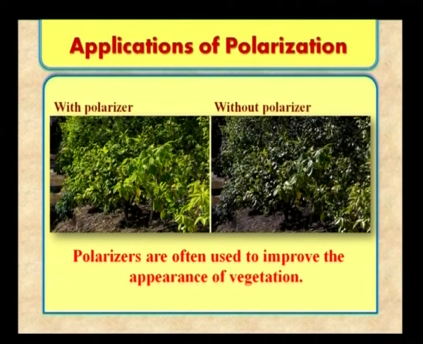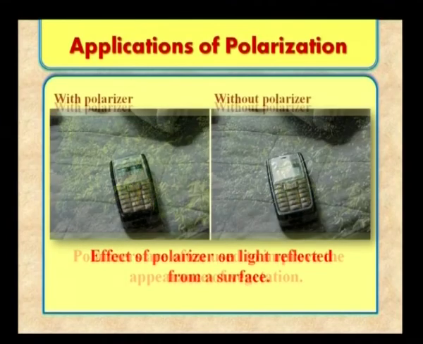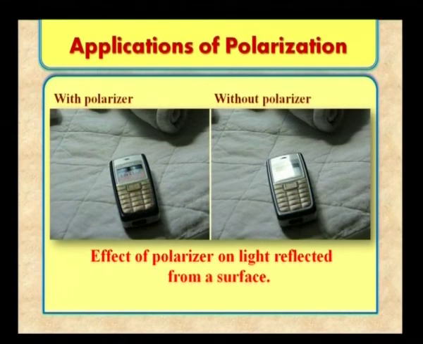So, polarizers are often used to improve the appearance of vegetation. The picture on the left hand side with polarizer has better clarity. Here again you see two pictures, which all the students often use. One is with polarizer, the other one is without polarizer.